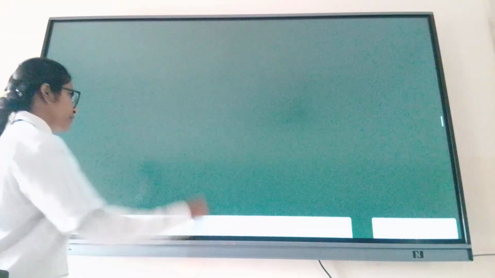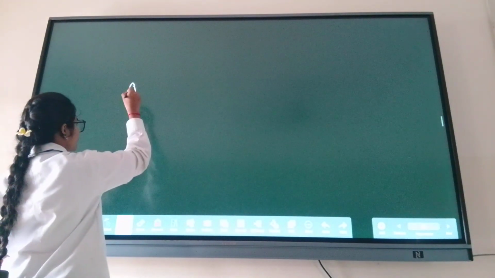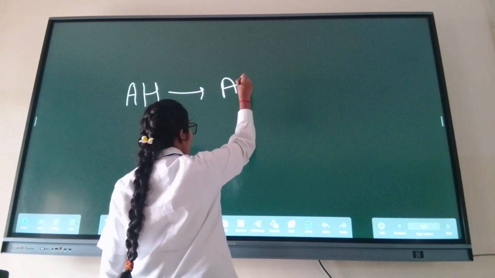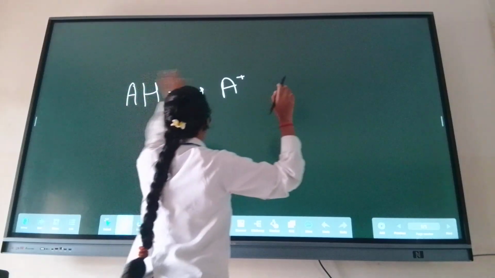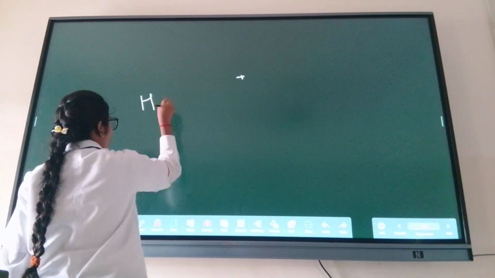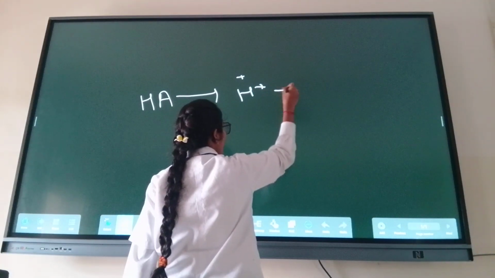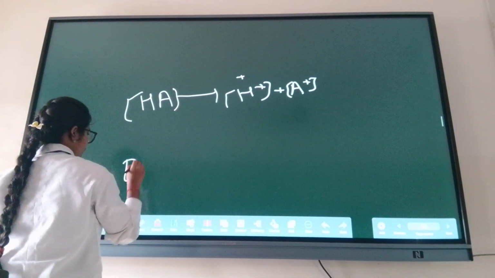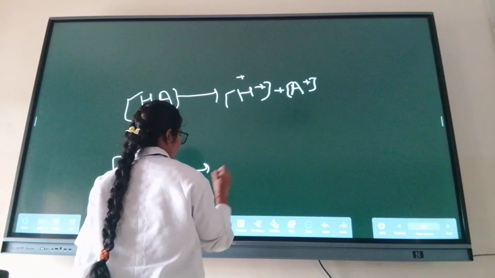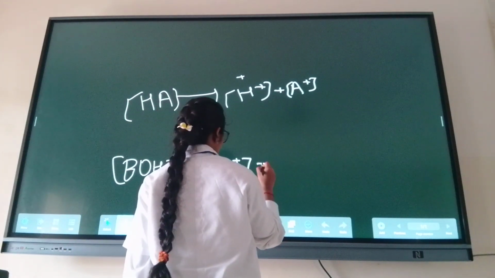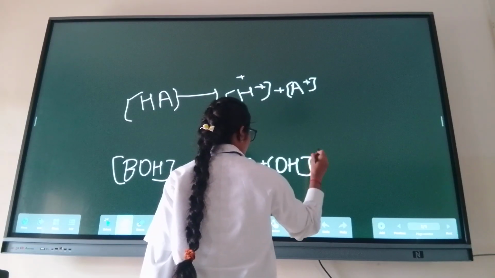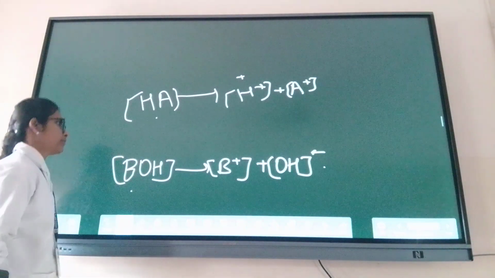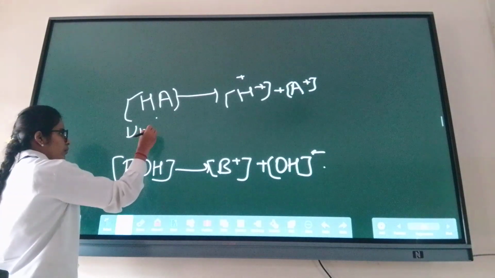Okay, let's confuse you more. There is ionization. This is my basic drug, this is my acidic drug. These both are in unionized form.